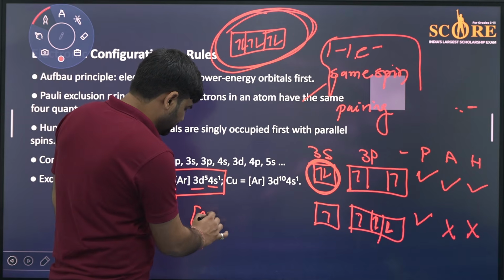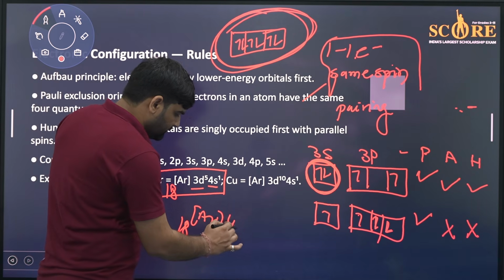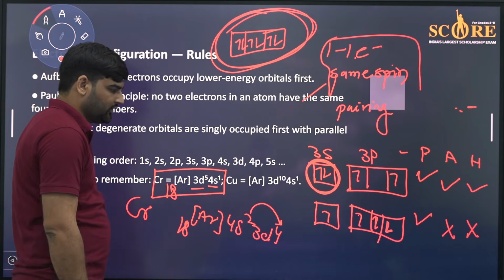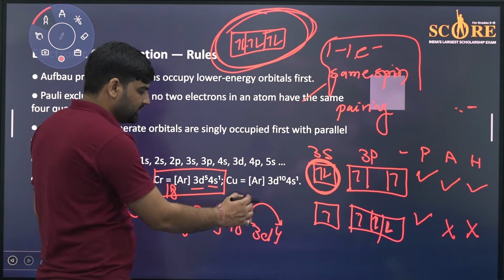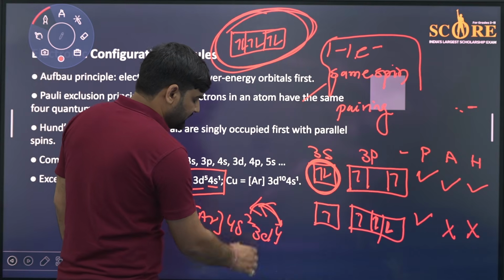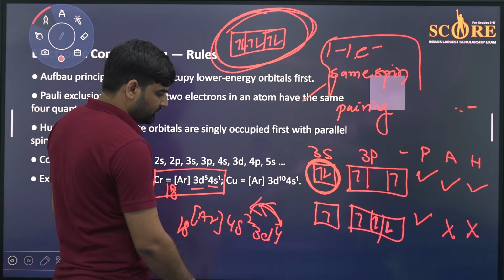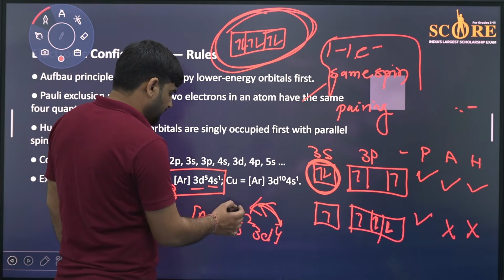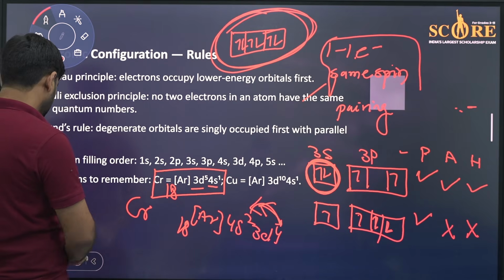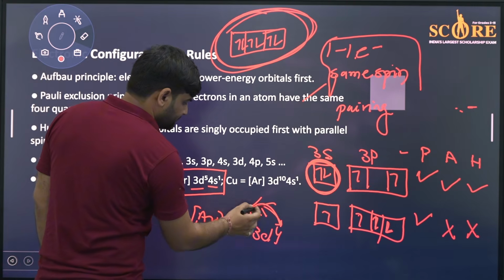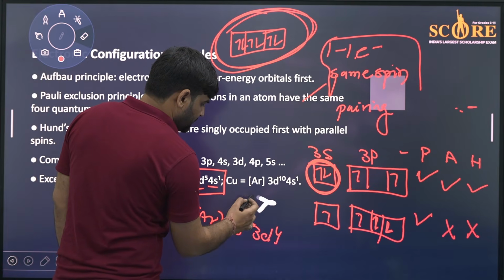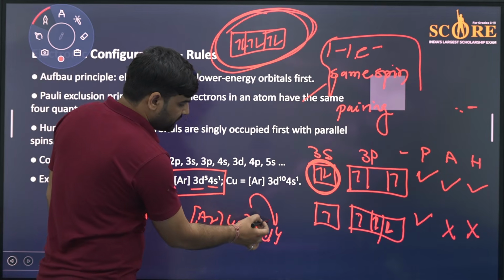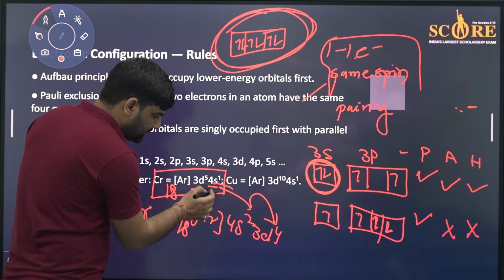According to us, this should be argon 18 4s2 3d4, but due to half filled configuration, this electron goes to this side. In d there are 4 electrons. If this electron goes to this, then this configuration can be achieved.